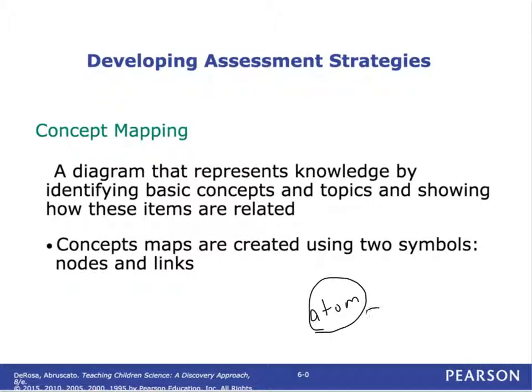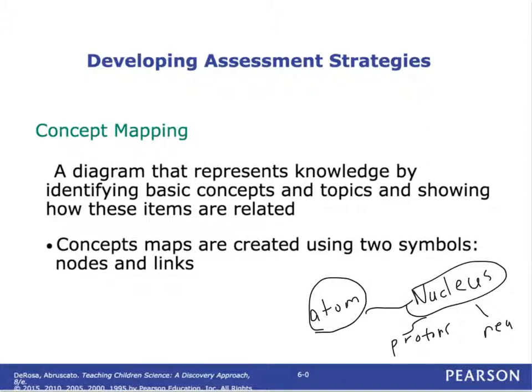So let's say an atom has a nucleus, and in the nucleus we've got protons and neutrons. Okay, and over here we also have electrons.